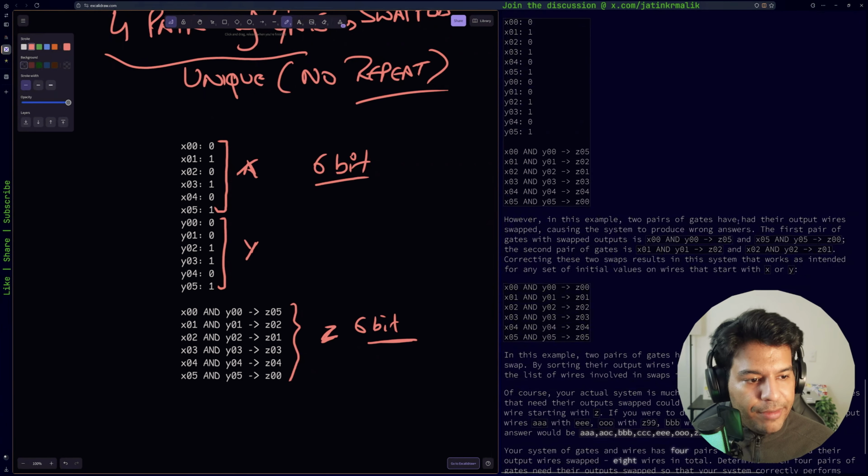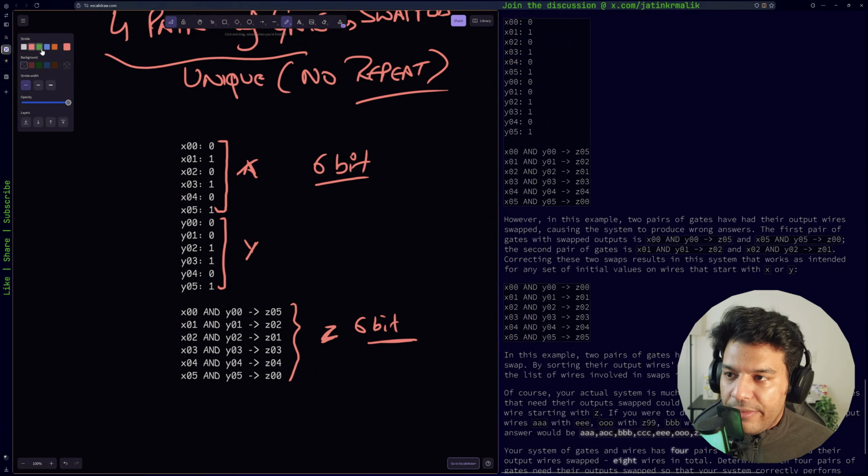In this example, 2 pairs of gates have had their output wires swapped, causing the system to produce wrong results. So the first pair of gates is z00 and z05, and the second pair is z01 and z02.